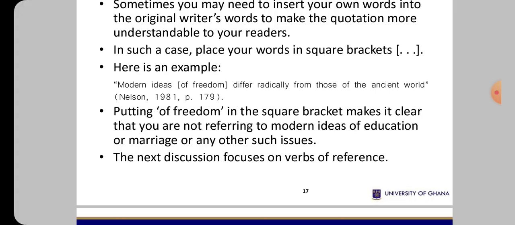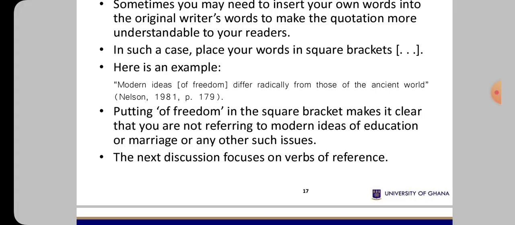So "of freedom" here is my own word, but this is Nelson's 1991 book that he wrote, page 179.